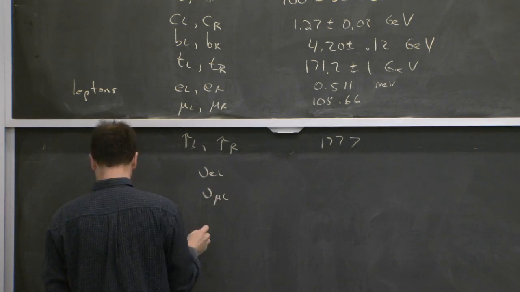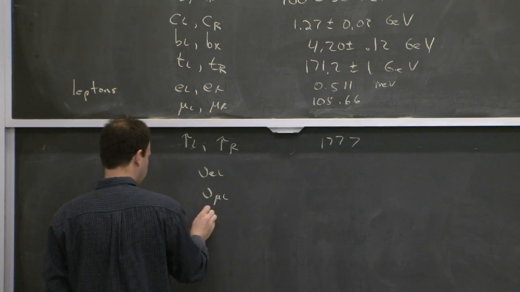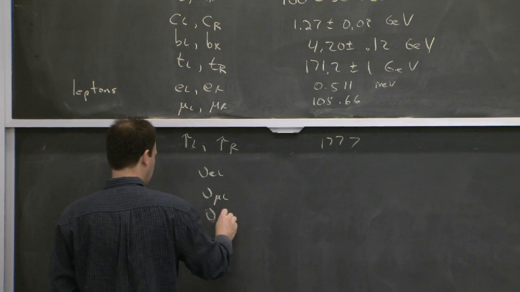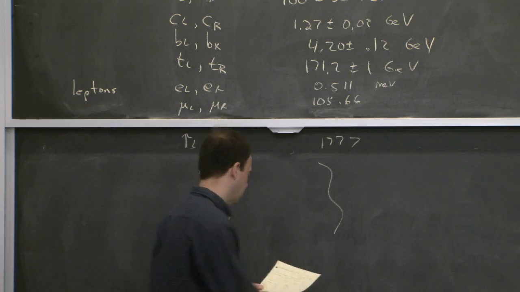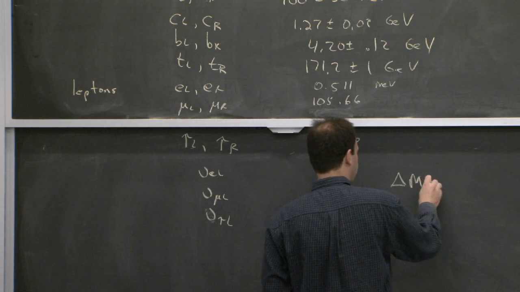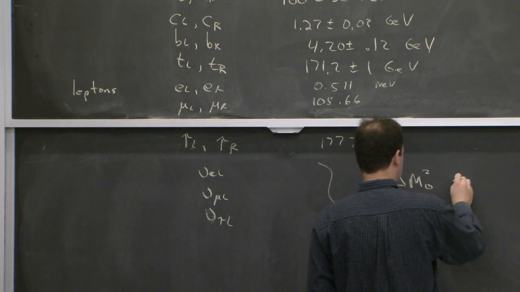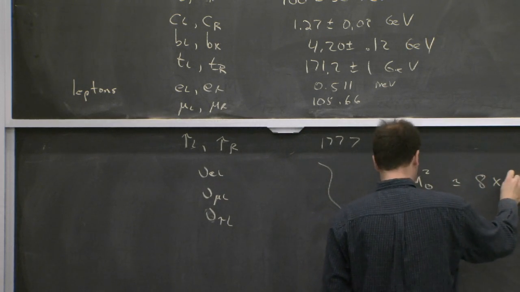Then we have neutrinos. The left-handed ones we've studied much more than anything else. In particular, what we know most about the left-handed ones is mass splittings from neutrino oscillations, and these are pretty small numbers.